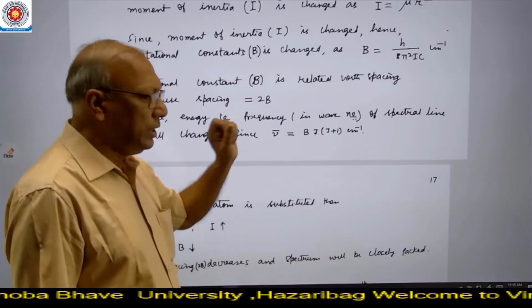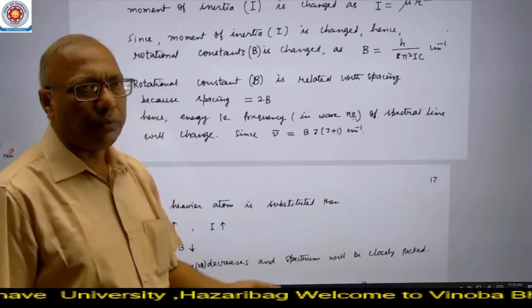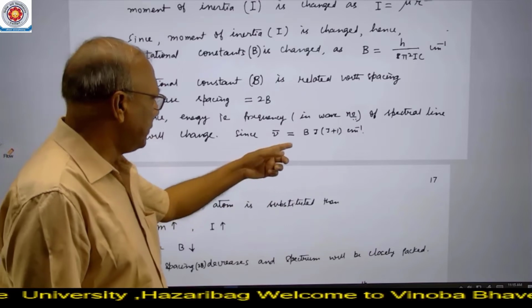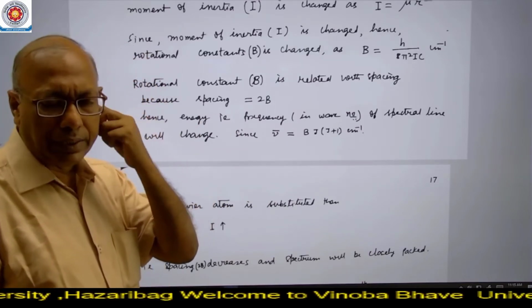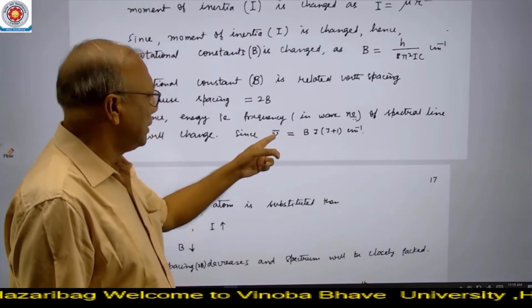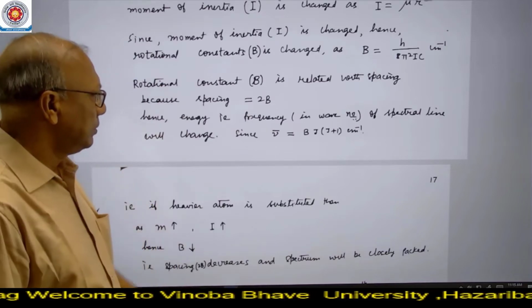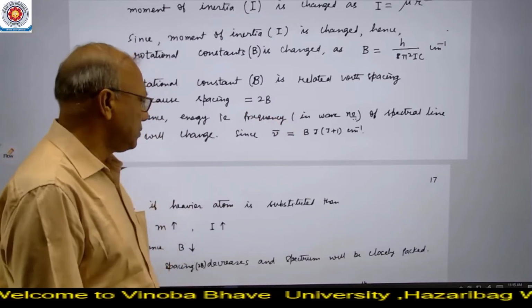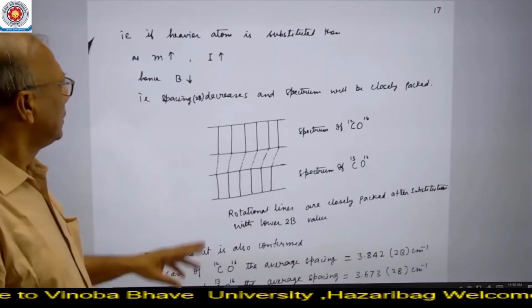So if B is changing, that is, if spacing 2B is changing, then the frequency nu bar in terms of wave number will also change.